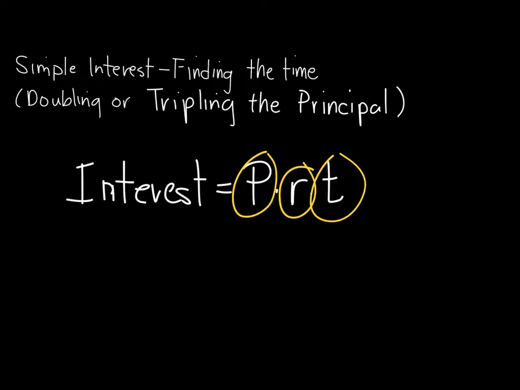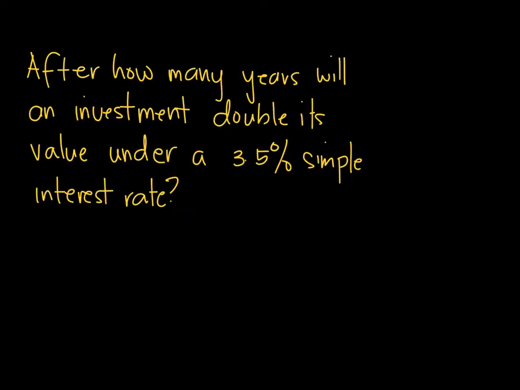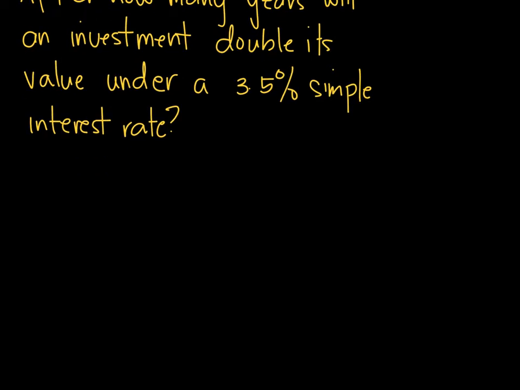The problem here is: after how many years will an investment double its value under a 3.5% simple interest rate? So it's clear that what is missing is the time.